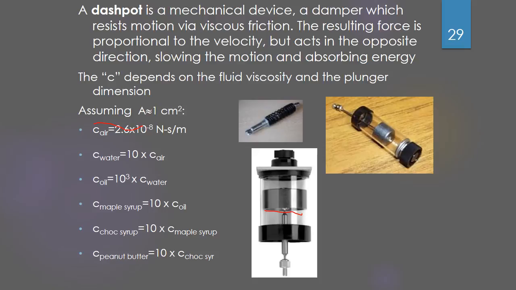Now if we consider this plunger to have an area of 1 centimeter square, the viscous damping coefficient of air, if we consider it as the standard, is 2.6 times 10 raised to the power of 8 Newton seconds per meter.